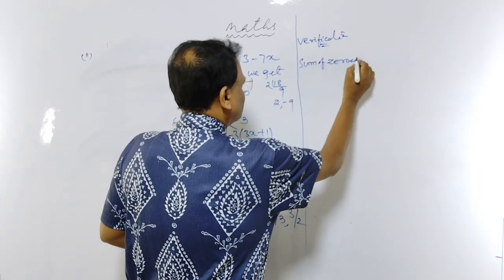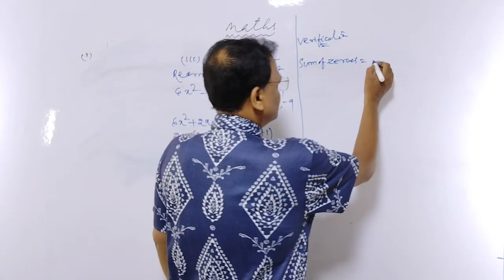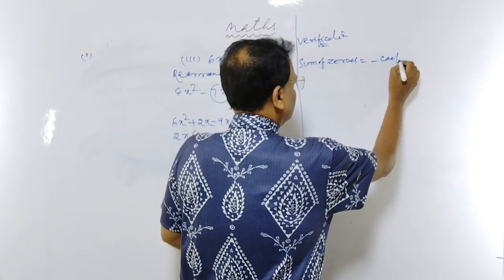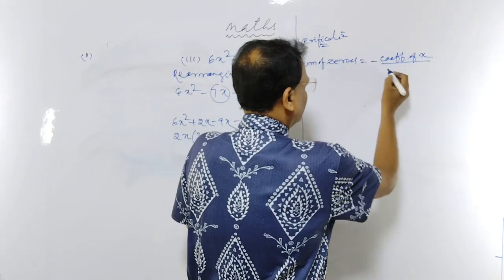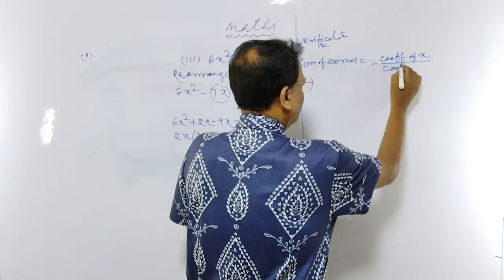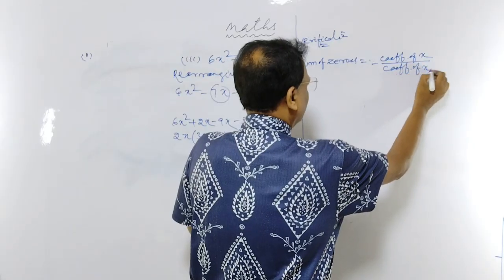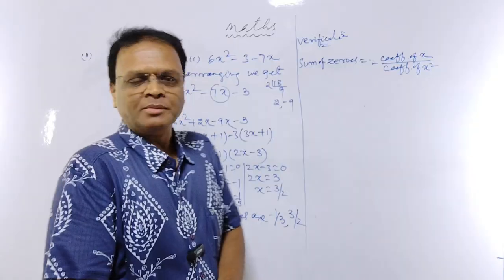Sum of zeros is equal to minus coefficient of x divided by coefficient of x square. This you must remember.